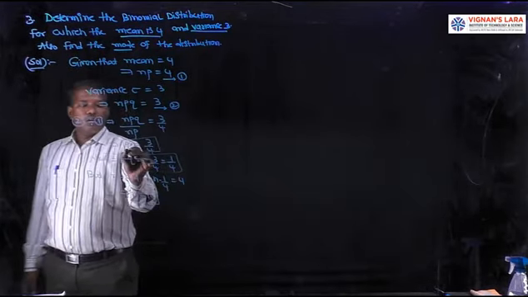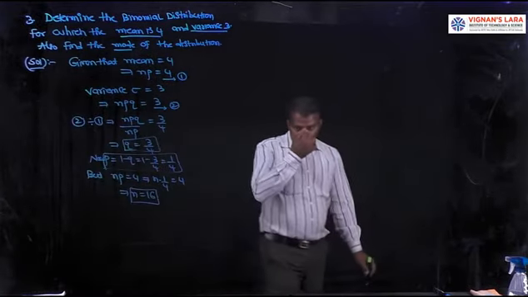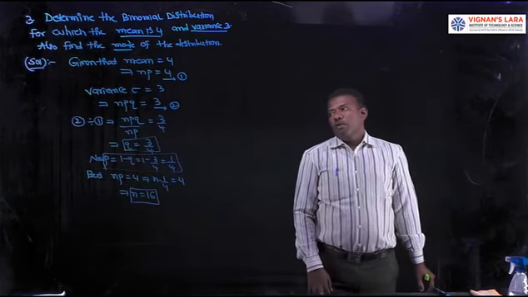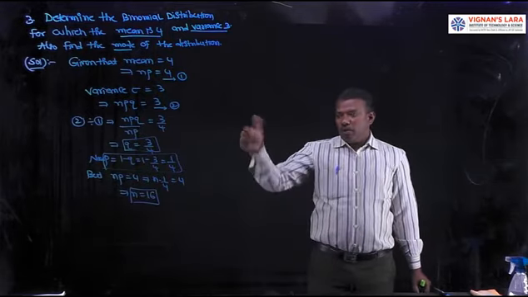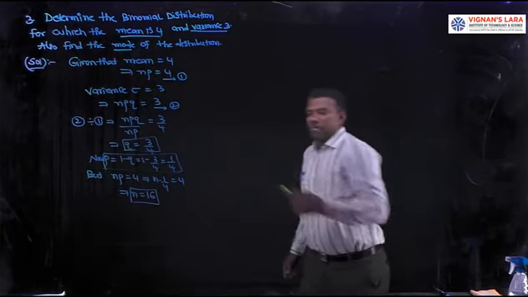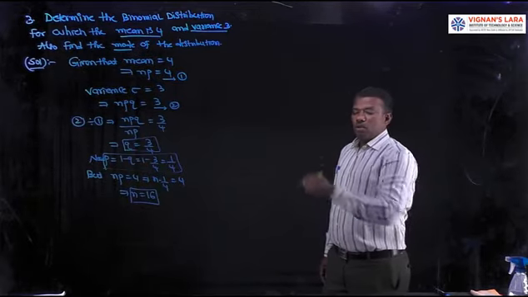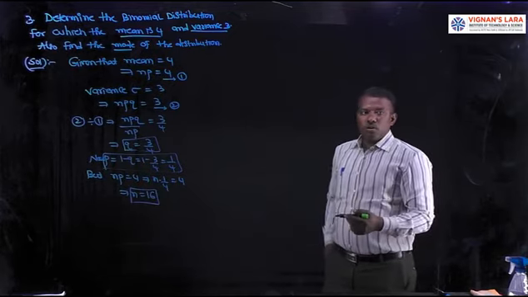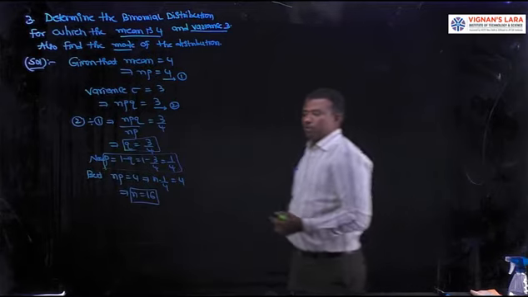These are the three fixed parameters of the binomial distribution. Given that mean is 4, NP equal to 4. Variance is 3, NPQ equal to 3. 2 divided by 1, NPQ by NP, gives Q equal to 3 by 4. P is 1 minus Q, 1 by 4. Then NP is 4, so N equals 16 since P is 1 by 4.